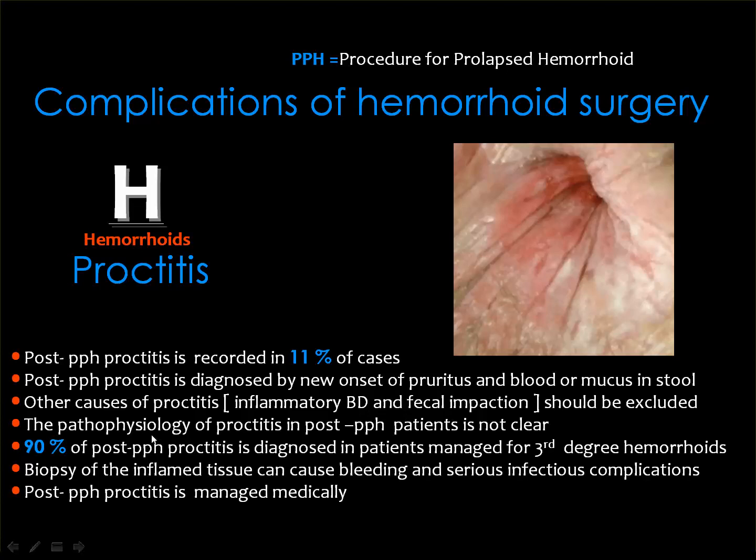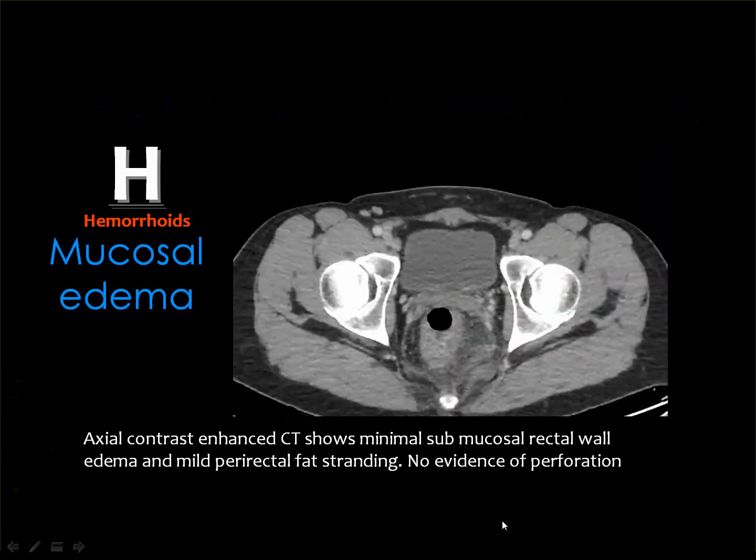So the pathophysiology of proctitis after hemorrhoidal surgery is not clear. 90% of proctitis following hemorrhoid surgery is diagnosed in patients managed for third degree hemorrhoids. And actually, those are the candidates for surgery. If by any way a biopsy was taken, it may result in serious bleeding and infection complications.